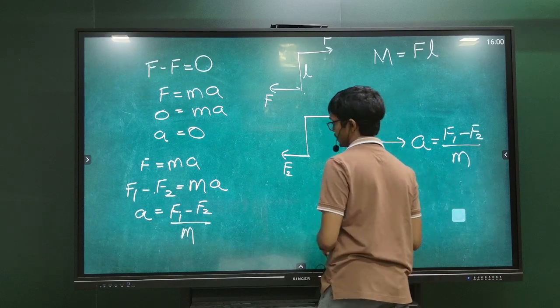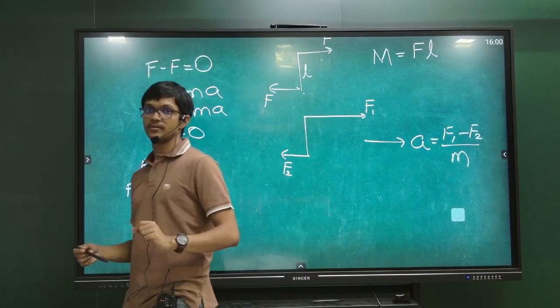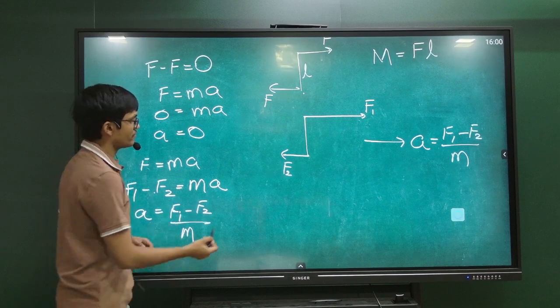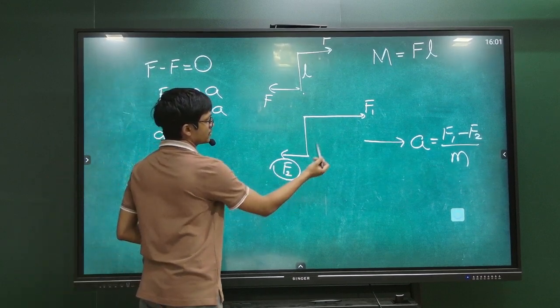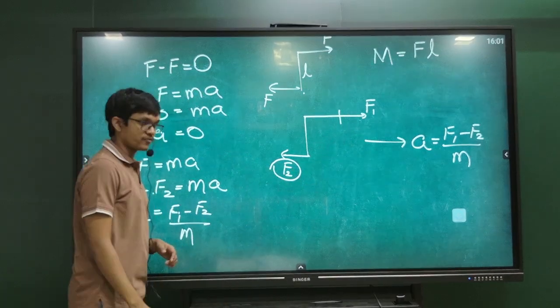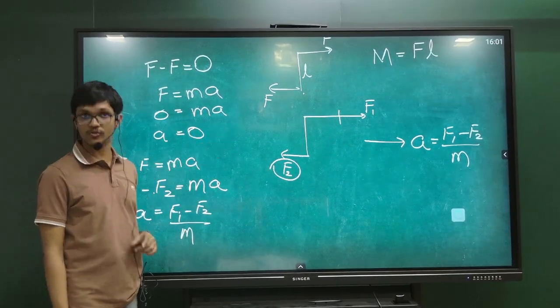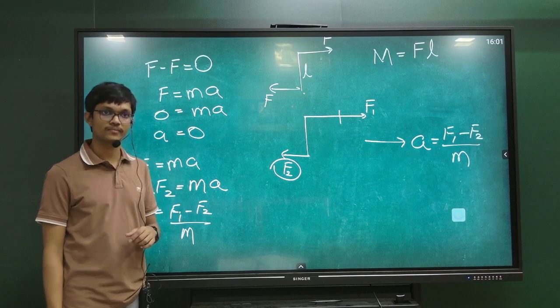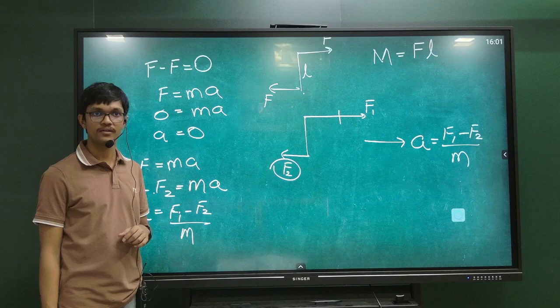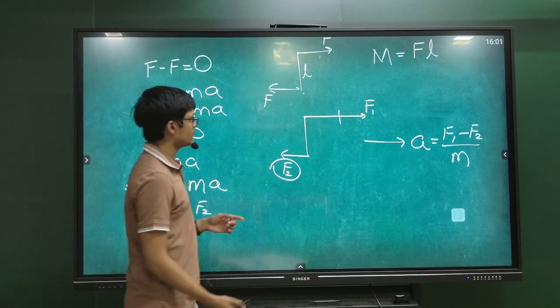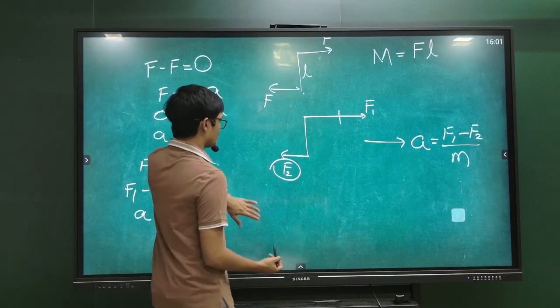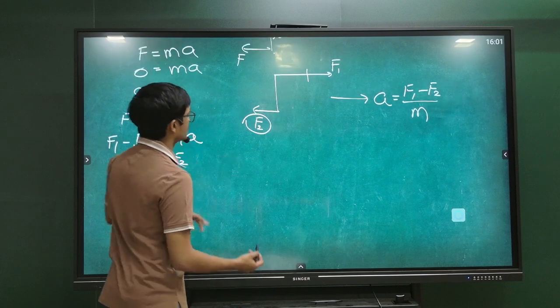There will be acceleration. But you have F2 here. Using that F2 amount of force, it will again rotate. Clear? That means you can just draw it like this if you like.